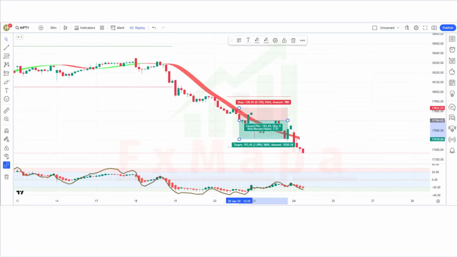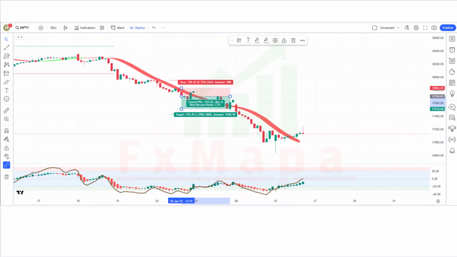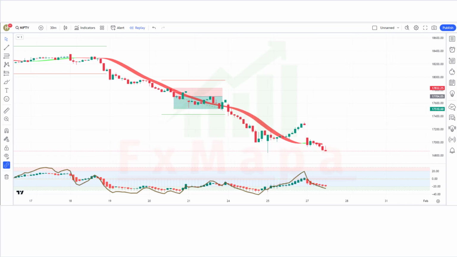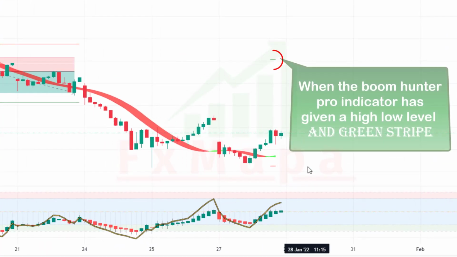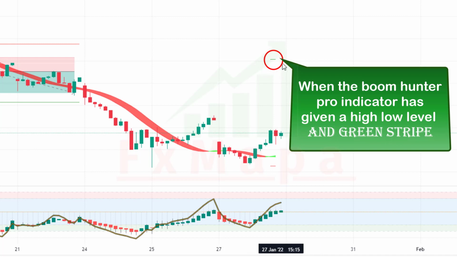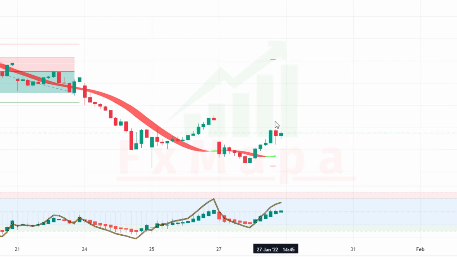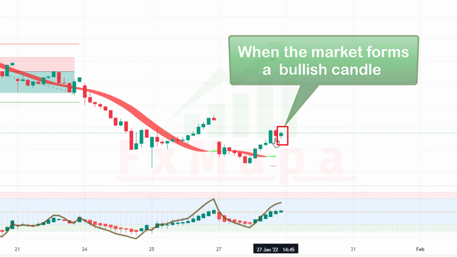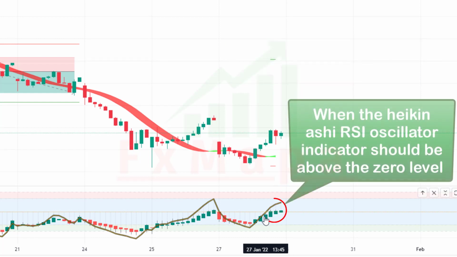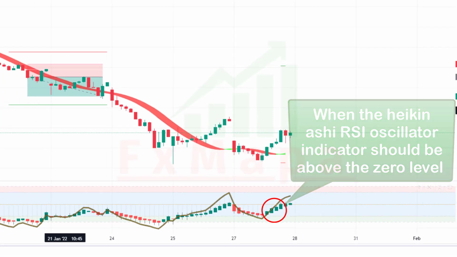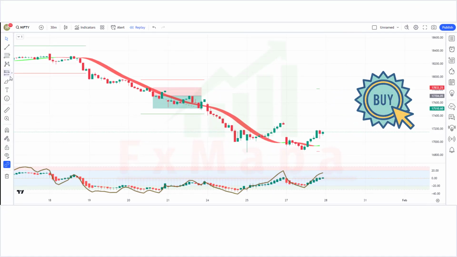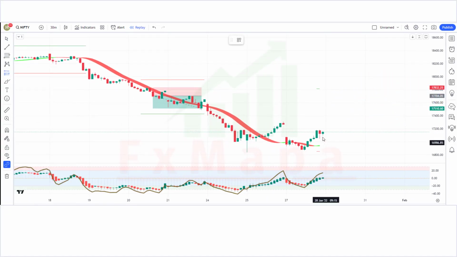Now let us understand the long position. When the Boom Hunter Pro indicator has given a high-low level and green stripe, when the market forms a bullish candle, and when the Heikin Ashi RSI oscillator indicator is above the zero level, if this condition is fulfilled, then we will place a buy order.